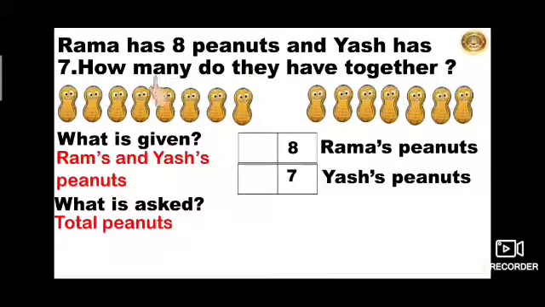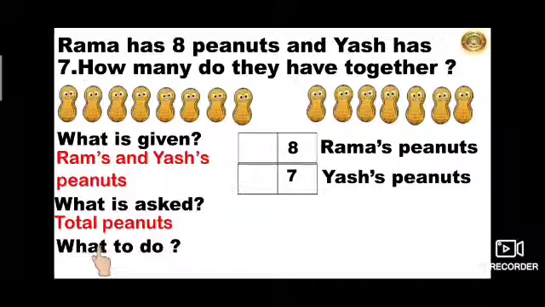Means you have to combine all this together. What to do to find that total? We have to do addition because we have to combine it all together. So we will put the plus sign here.